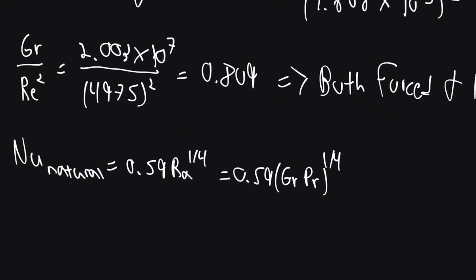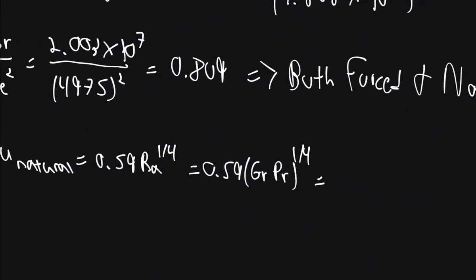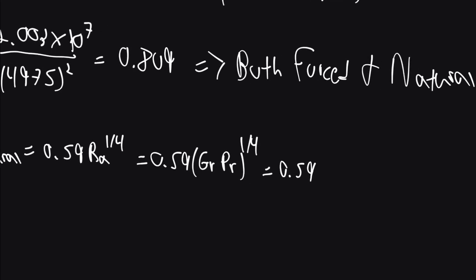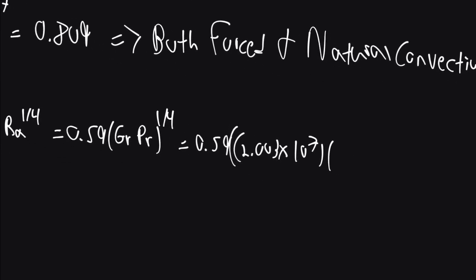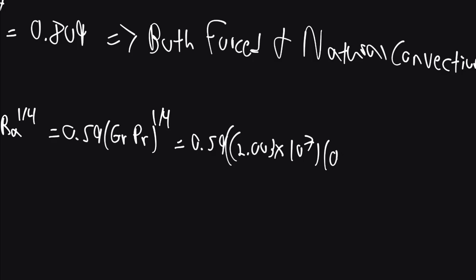But we have the Grashof number, so we can calculate that. 0.59 times 2.003 times 10 to the 7, that's the Grashof number, times the Prandtl number, 0.7282.